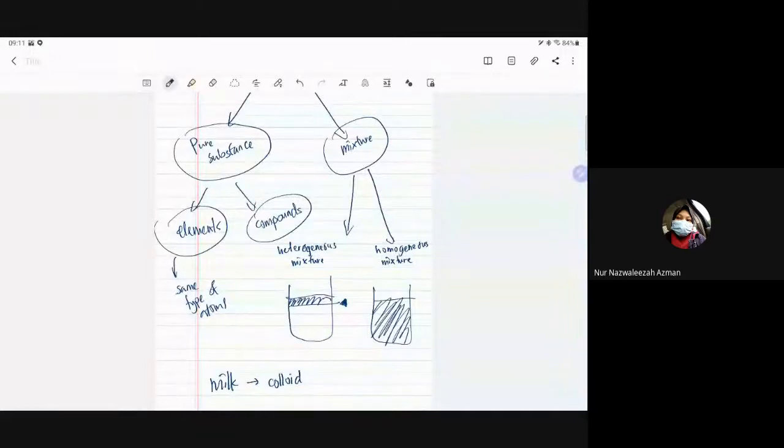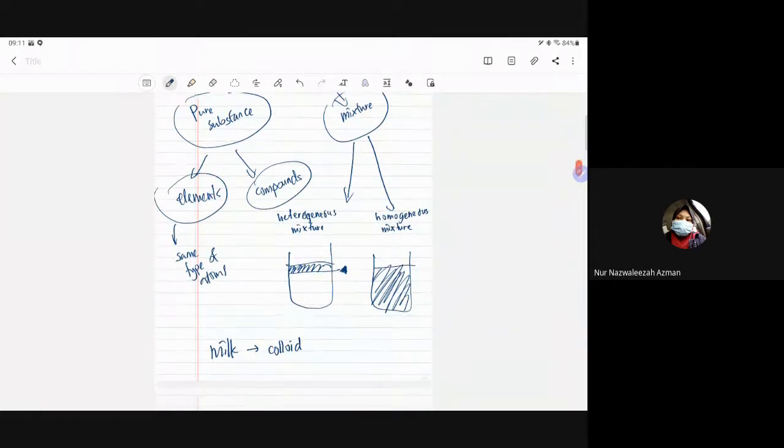Some of them are brown in color, some of them are white in color. Kamu tengok warna dia pun nampak berbeza. So you know that it is a heterogeneous mixture. Sebab kalau kita tengok pasir punya komposisi, dia ada batu-batu kecil. Dia juga ada compound yang kita panggil sebagai silika. Okay, pasir banyak silika dan juga quartz lah.